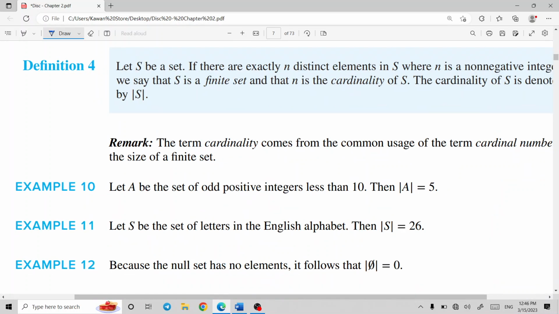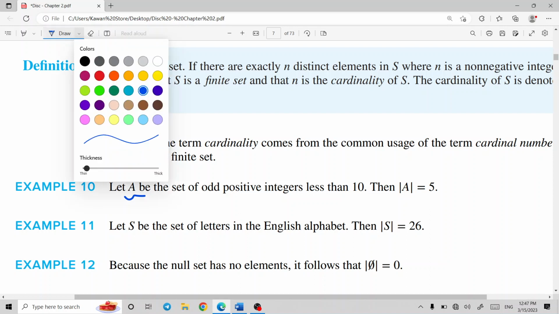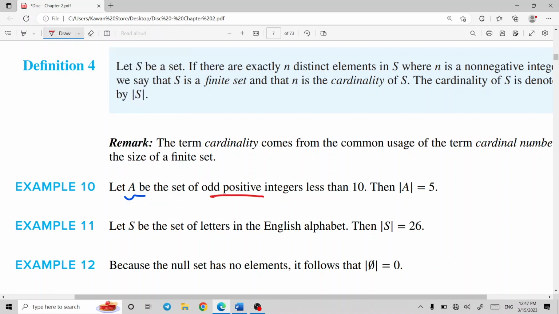Listen to me, there's a quiz question, like a test question. You say, let A be odd positive integer, less than 10. So I have Z positive, less than 10.